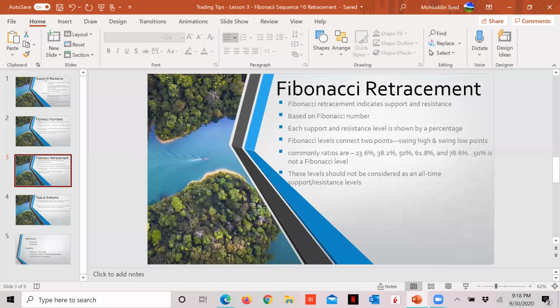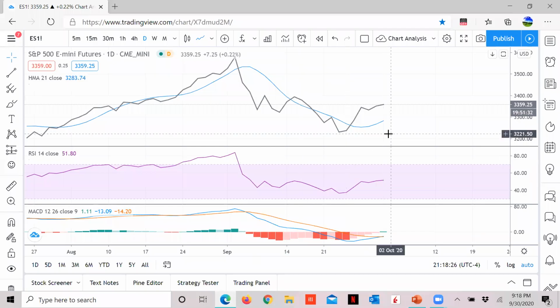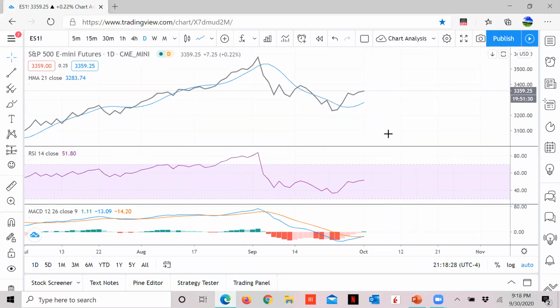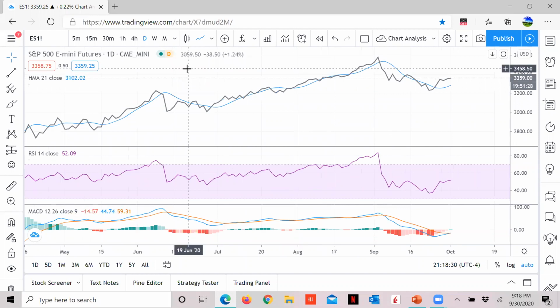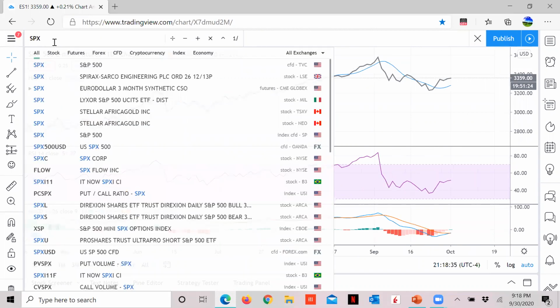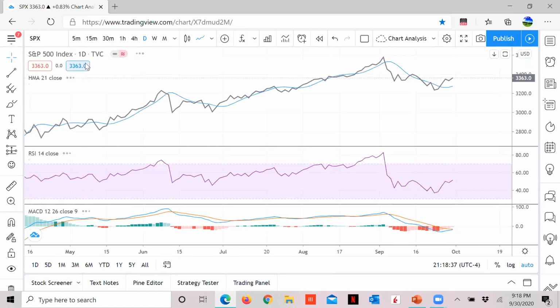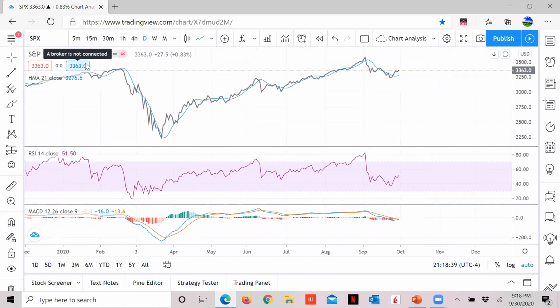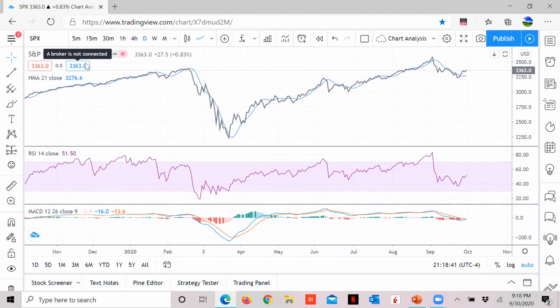Go back to the chart. We're looking at S&P 500, right? Actually, I'm in the futures. SPX, the index itself. I zoomed out to see this index.